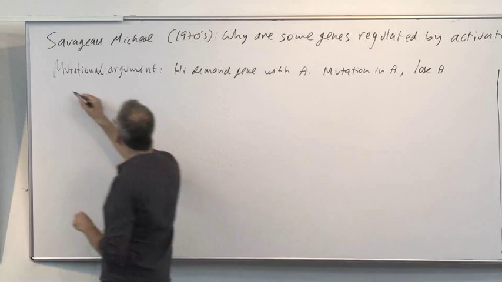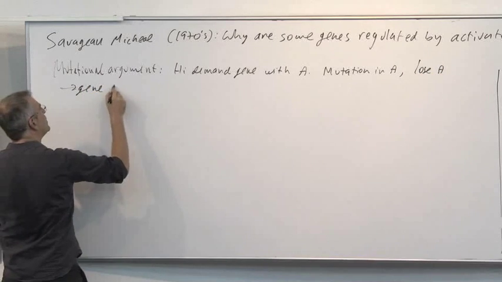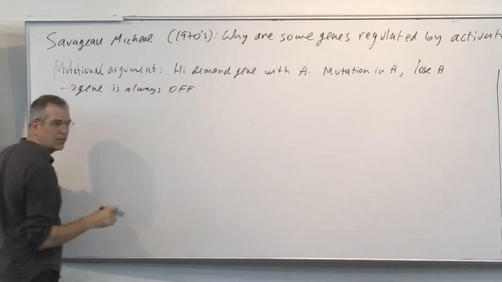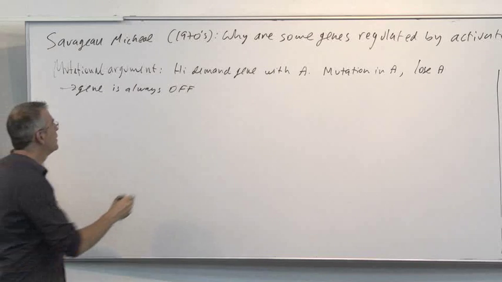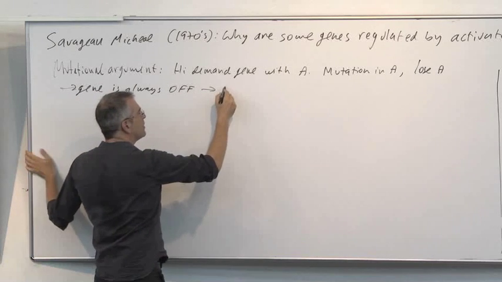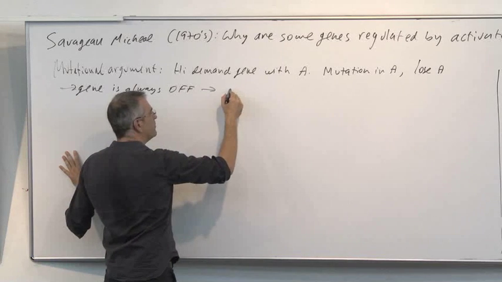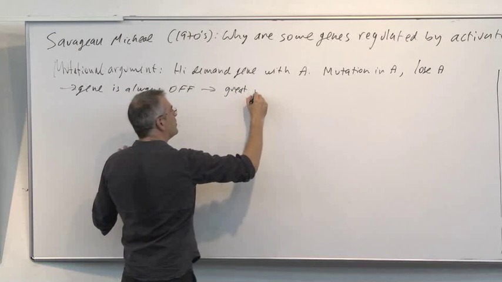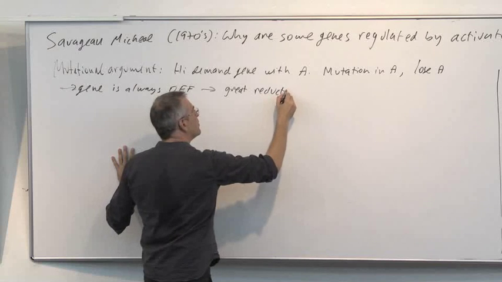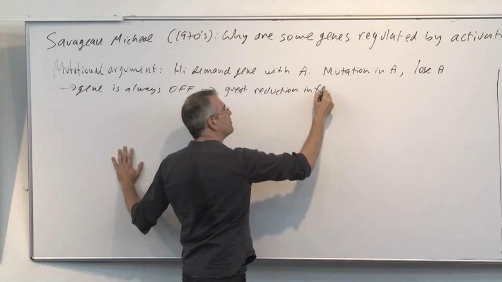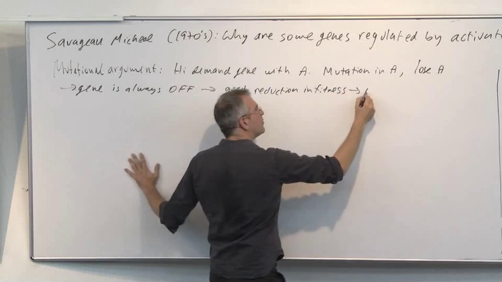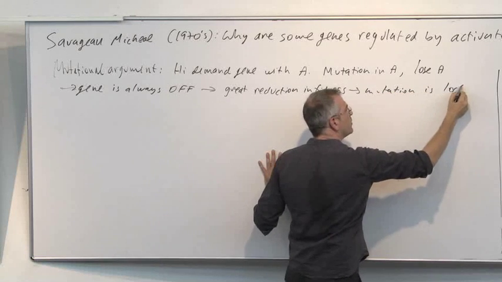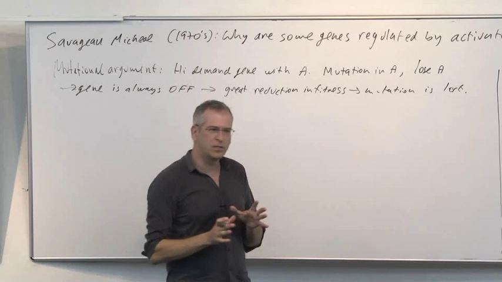As a result, the gene is always off because there's no activator. But it's a high demand gene. That means a great reduction in fitness. And therefore the mutation is purified away.